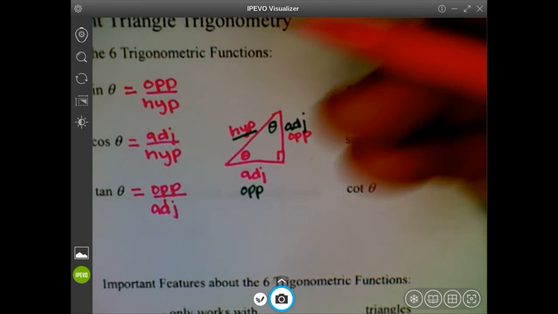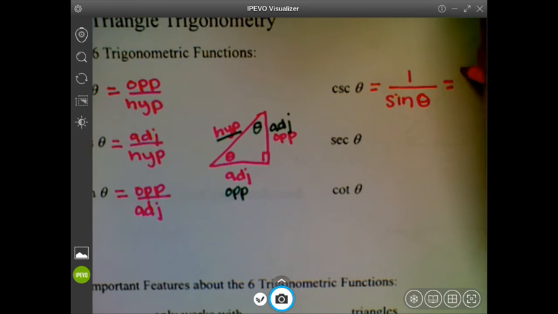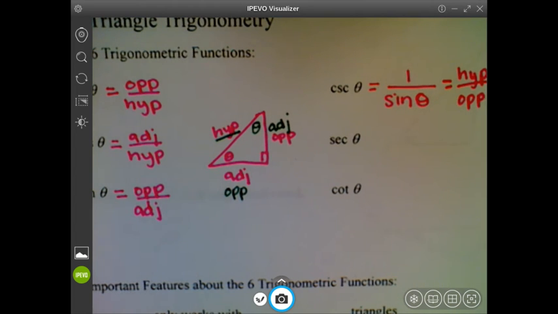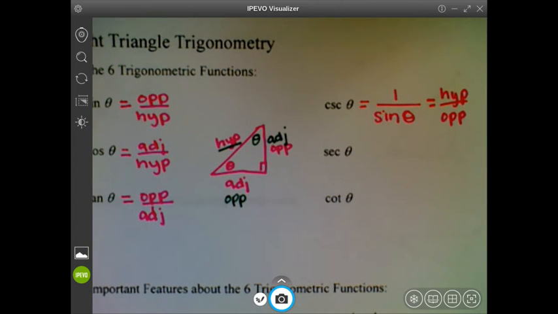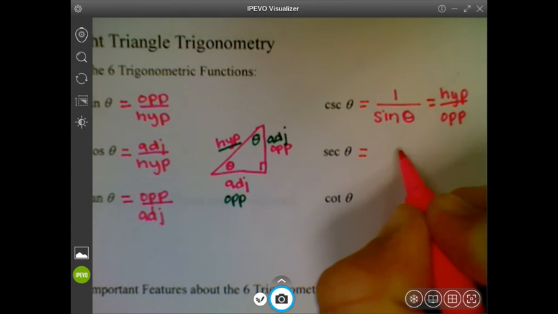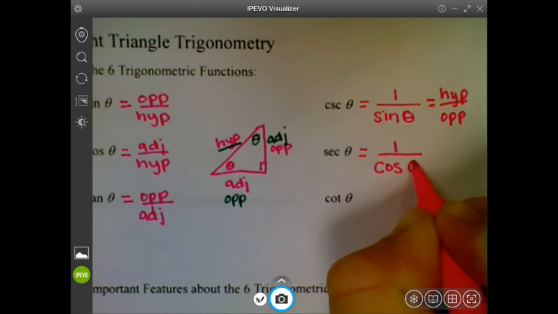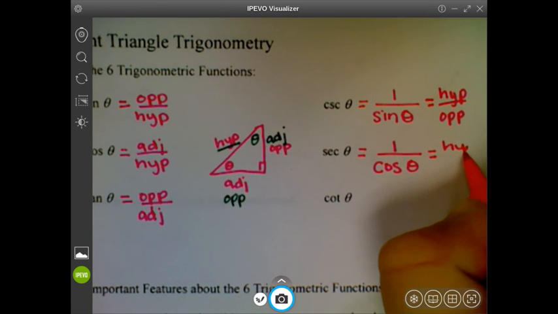What that means in terms of the opposite and hypotenuse relationship is that instead of opposite over hypotenuse, it is hypotenuse over opposite. That relationship is just reciprocal, it's just flipped over. The same thing is true for the secant. It is 1 over the cosine of theta. So instead of adjacent over hypotenuse, it is hypotenuse over adjacent.